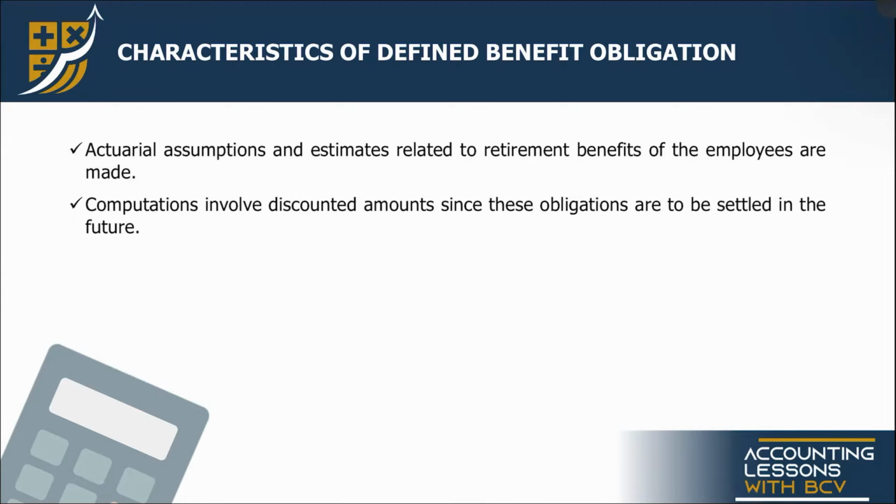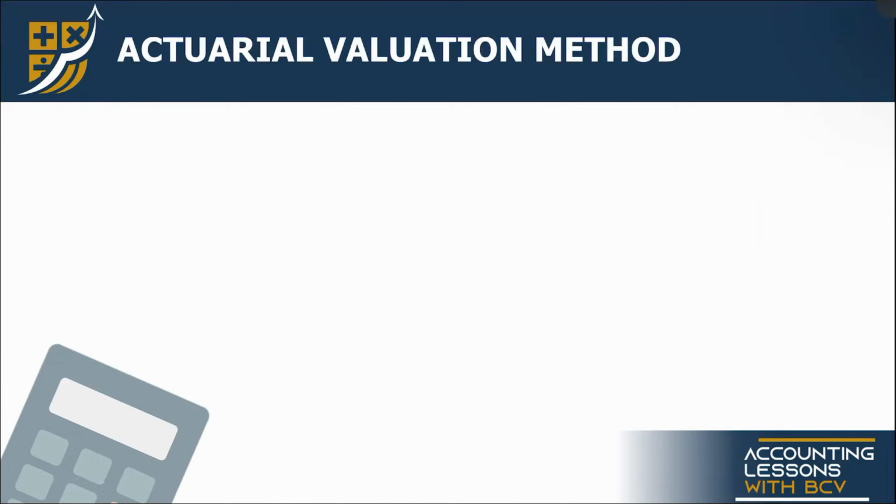Alright? And the last characteristic would be the recognition of actuarial gains and losses. Since we are to utilize actuarial assumptions, this will involve the recognition of actuarial gains and losses.